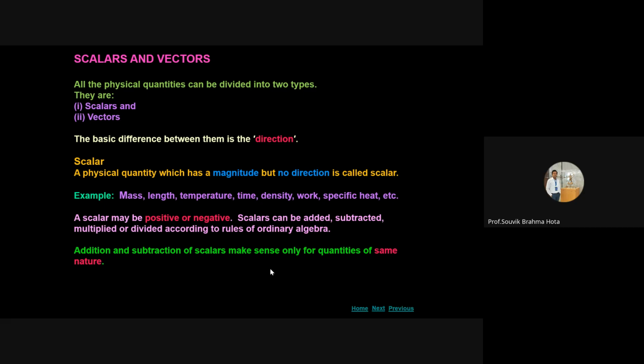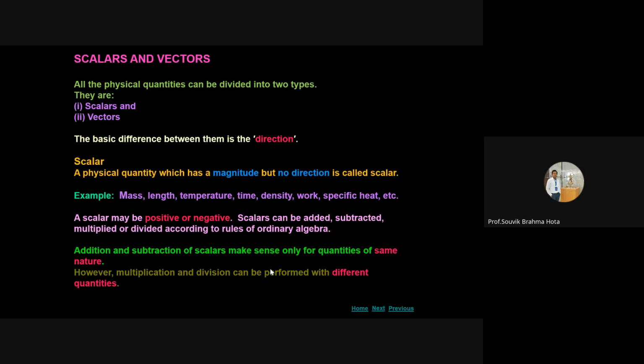Like you can add or subtract two masses, two lengths, or two temperatures, but not one length and another temperature, or one time and another length. It will not make any sense. It only makes sense if you do it with the same nature. Same nature means either it is mass or length or temperature, like that.